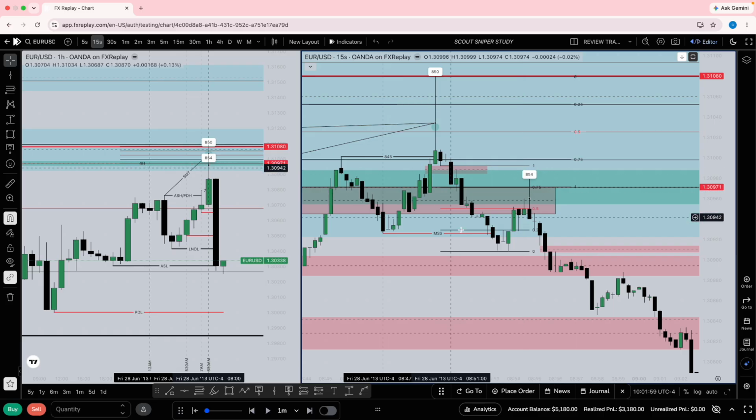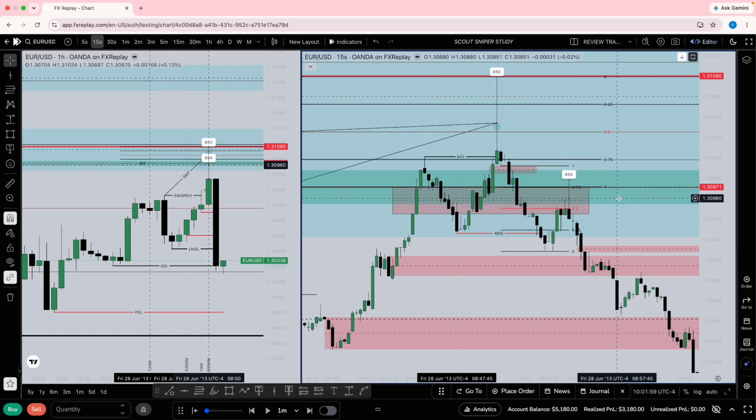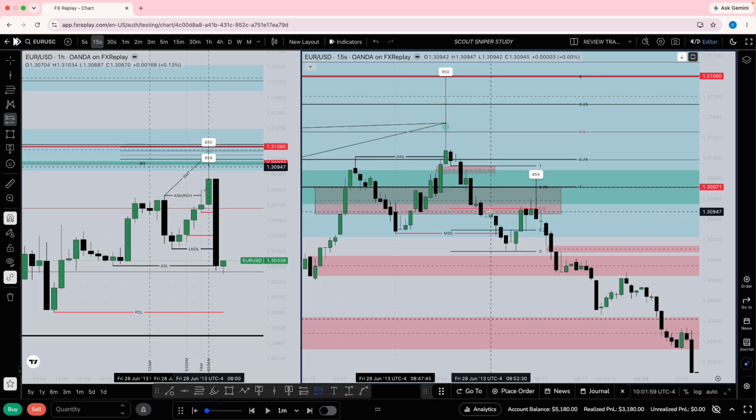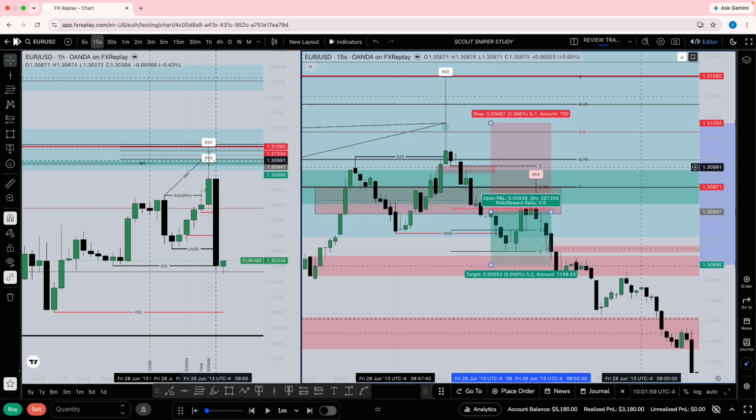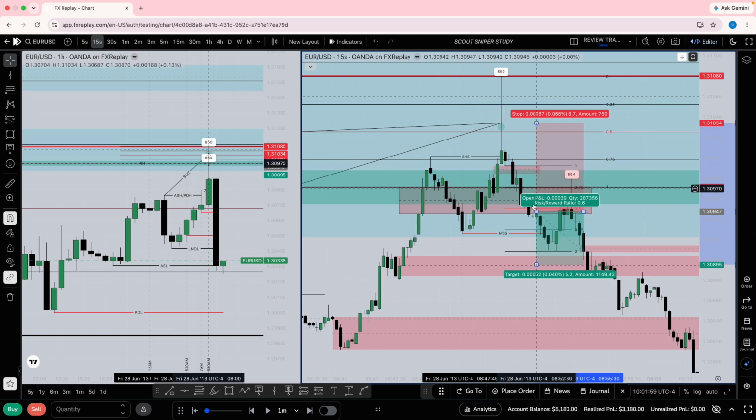So it retraced back up into 50%. You take this. So from a 15-minute standpoint, we could have did something like this. Short position could have been placed right here. And your stop could be placed right here on a 15-second chart.